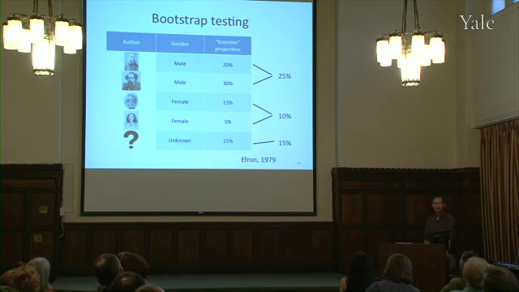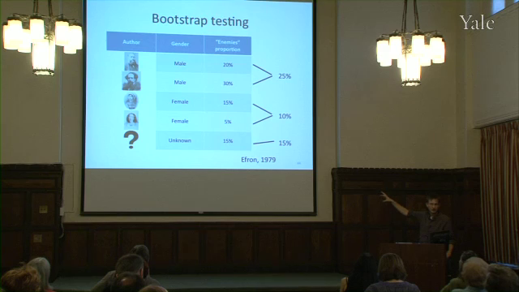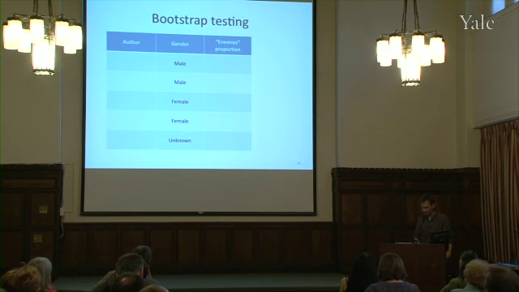So to do this, we do something called Bootstrap Testing. This is also a fairly well-established method. This is our original data. And what we're going to do is keep the middle column exactly the same. So we have the same number of male authors, same number of female authors, same number of unknowns. And we're going to just erase the other columns.